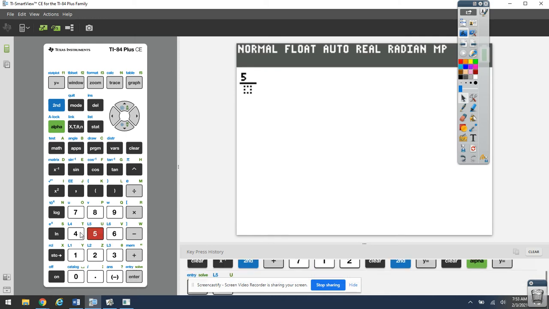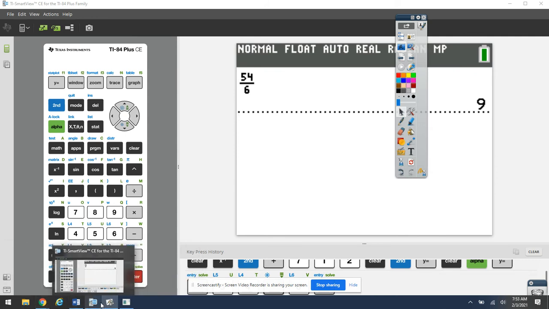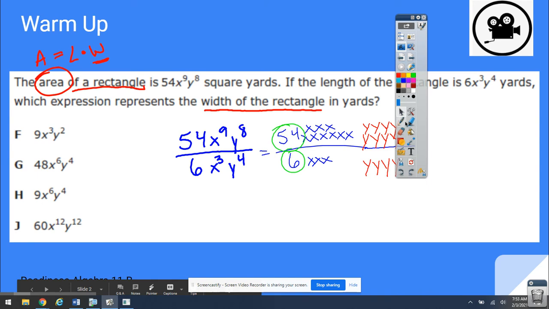So I have 54 over 6, so that way I can type it in exactly how we saw it. And if I take a look, it equals 9. Since 9 is my whole number, my 9 is going to be on top. So I take a look at my answers, not 48, not 60.